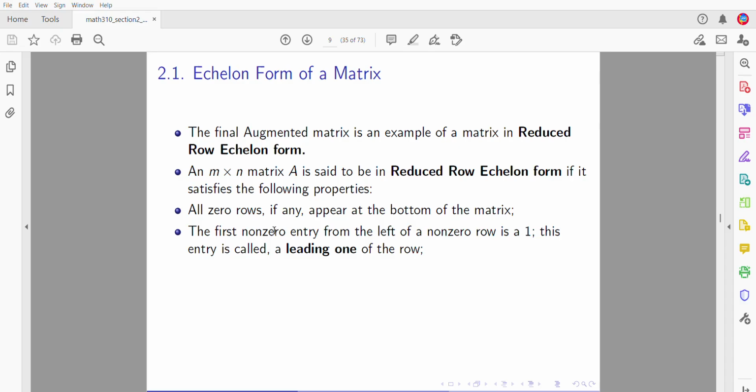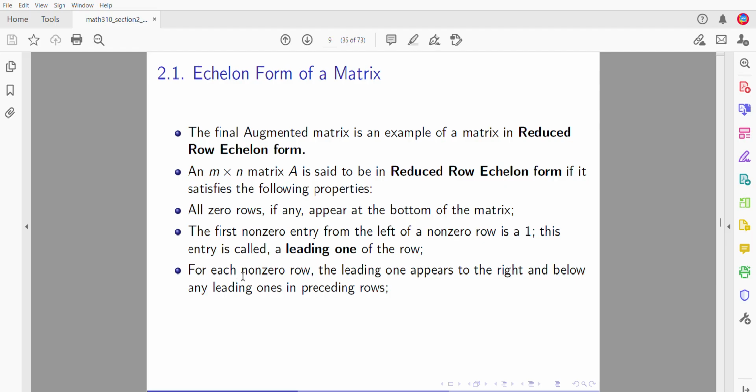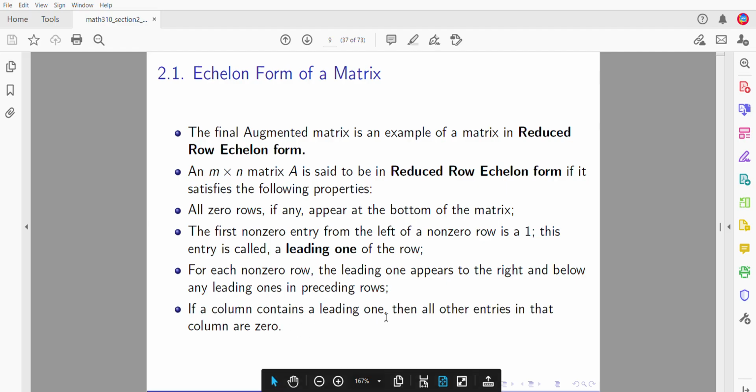The first non-zero entry from the left has to be a 1, and that 1 is called the leading 1. For each non-zero row, the leading 1 appears to the right and below any leading ones in the preceding rows. And if a column contains a leading 1, then all the other entries in that column are 0.